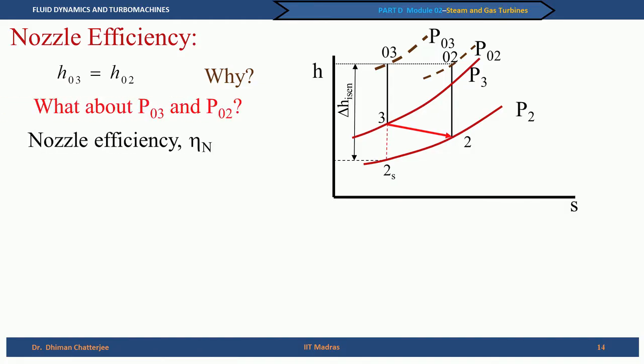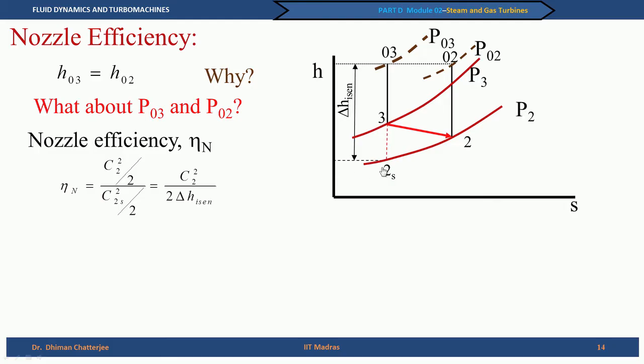We can say that nozzle efficiency eta n is given as C2 square by 2 divided by C2s square by 2. What we are essentially saying is that this velocity, which takes from here to here, is the actual velocity obtained at the exit of the nozzle, relative to the ideal velocity that you can get from the exit of the nozzle.